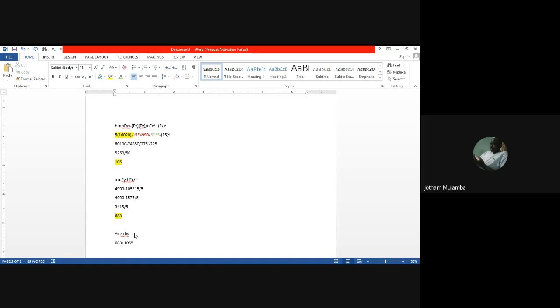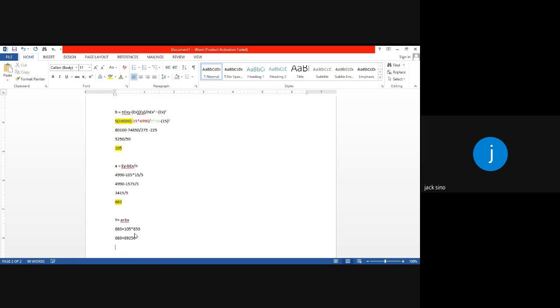So we'll have 683 plus 105 times 850. 105 times 850 is 89,250. Then add 89,250 plus 683: 89,933. So that becomes the cost for treating 850 patients.